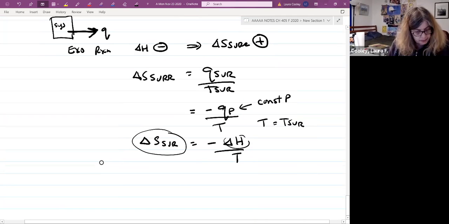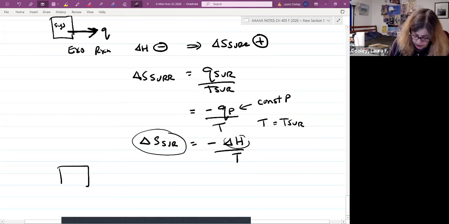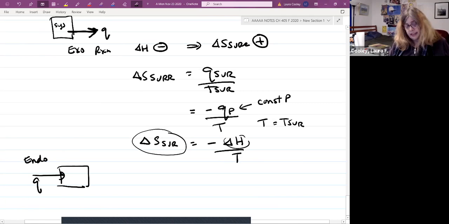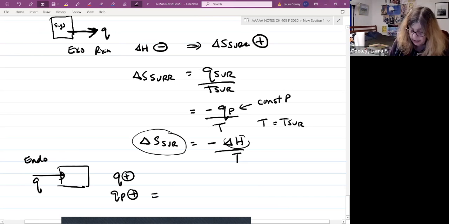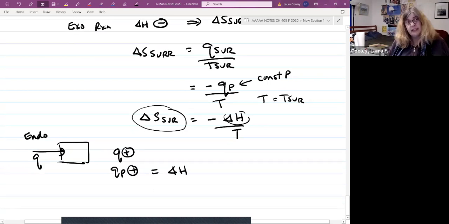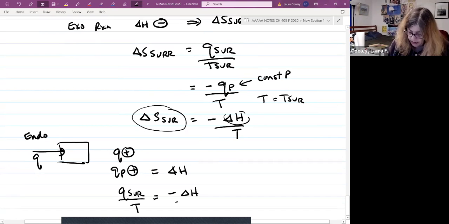And the opposite, of course, is true as well. If the reaction is endothermic and heat is going into the system, Q is positive, QP is positive. Let's say there's no extra work, so we can say that's delta H. So Q surroundings over T, again, is negative delta H over T. Delta H here is positive, so delta S surroundings is negative.